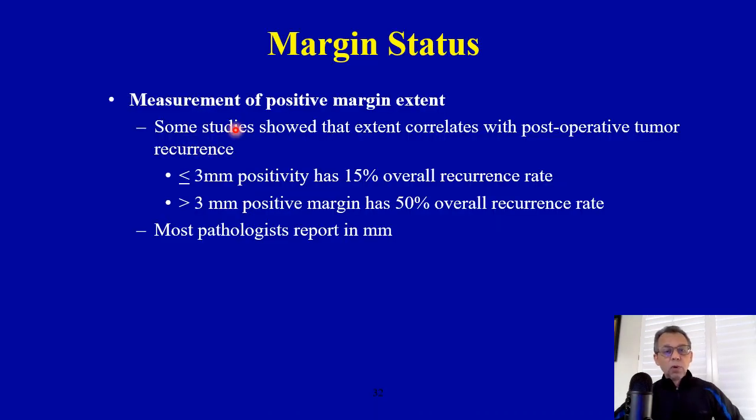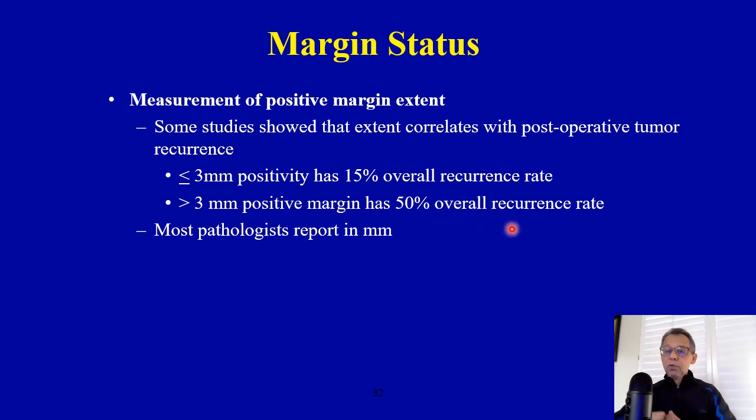I try to provide the measurement, which is the extent that correlates with post-operative tumor recurrence. It is typically divided into 3 millimeters or less, or greater than 3 millimeters. Less than 3 millimeter positivity has been shown to have a 15% overall recurrence rate, and more than 3 millimeters has a 50% overall recurrence rate.